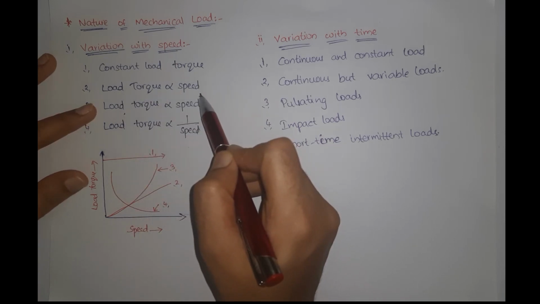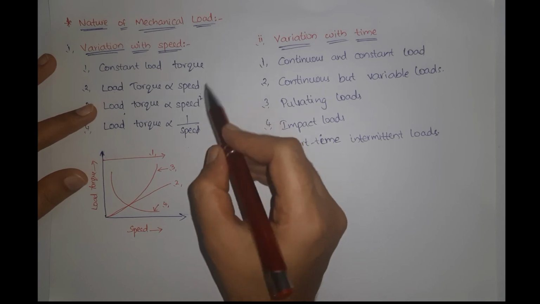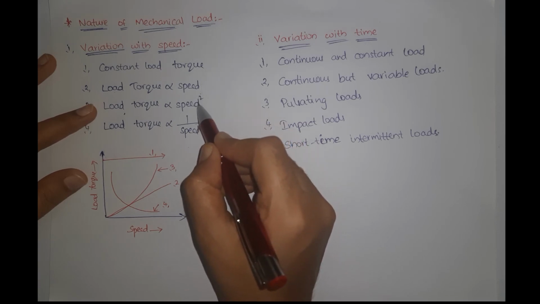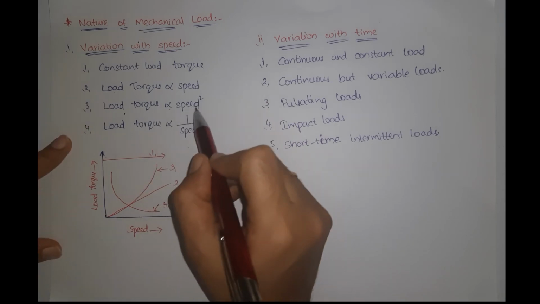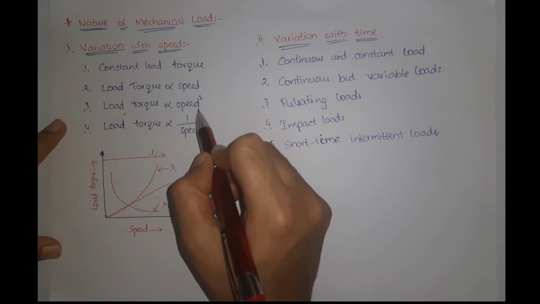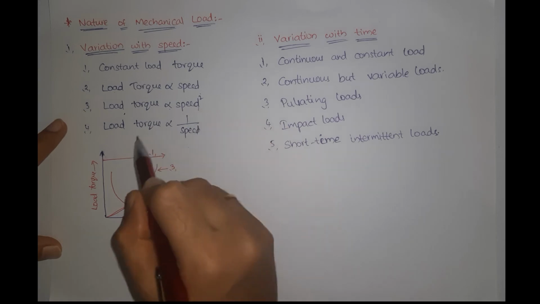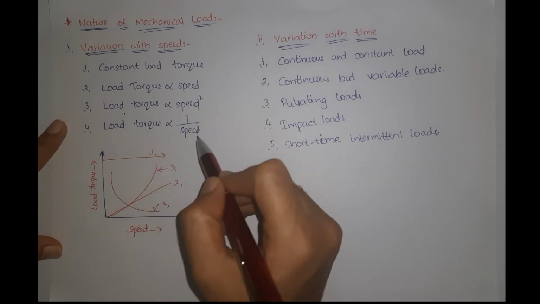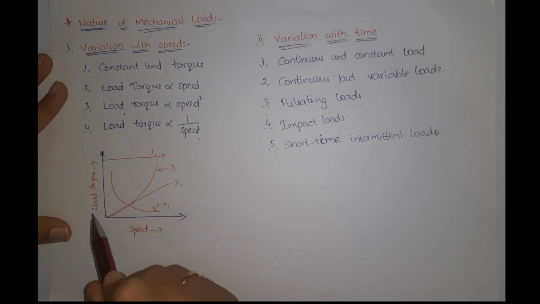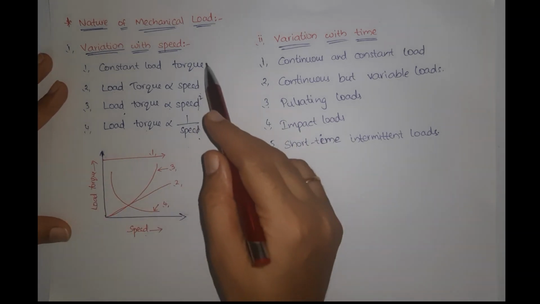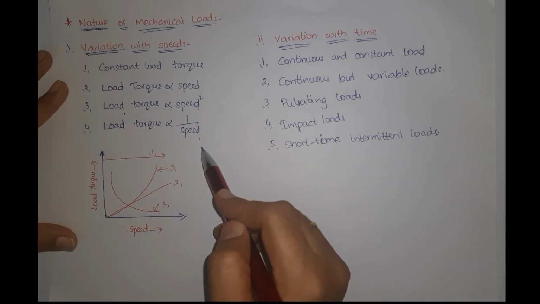Or the load torque may be proportional to the square of the speed. Also, the load may be such that the load torque is inversely proportional to the speed. So these are the characteristics of load torque versus speed of these four categories, right?